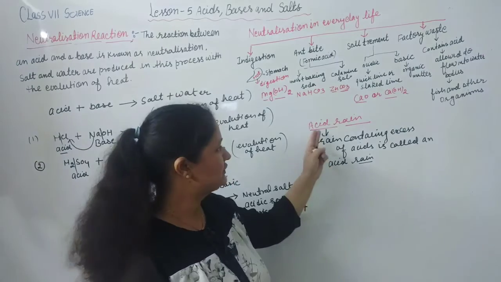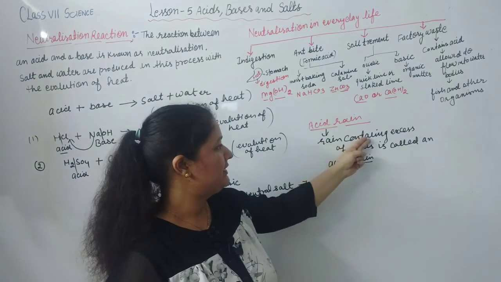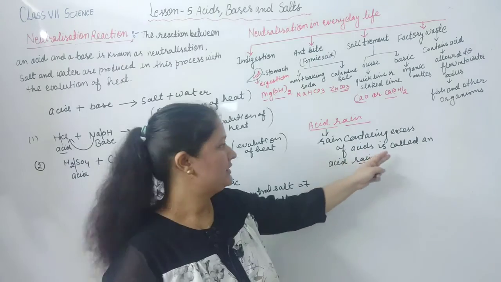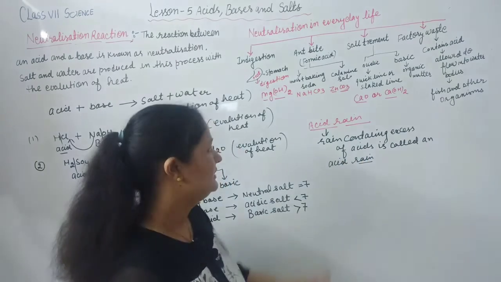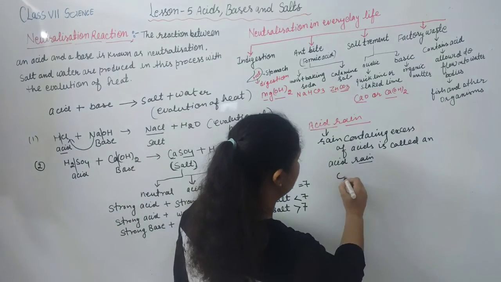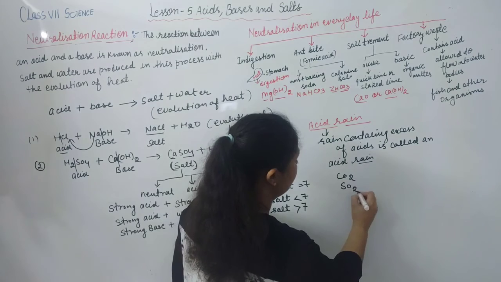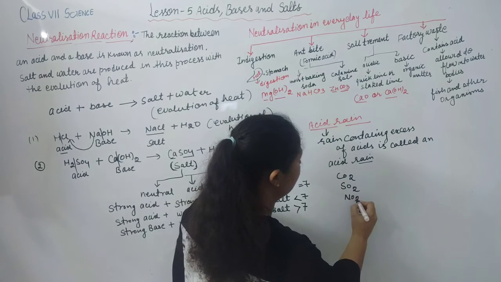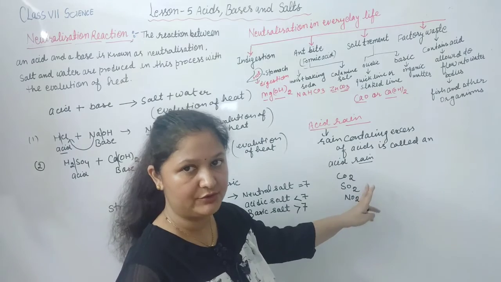Now students, the next topic is acid rain. Rain containing excess of acids is called acid rain, right? The rain becomes acidic because of carbon dioxide, sulfur dioxide and nitrogen dioxide, which are released into the air as pollutants.